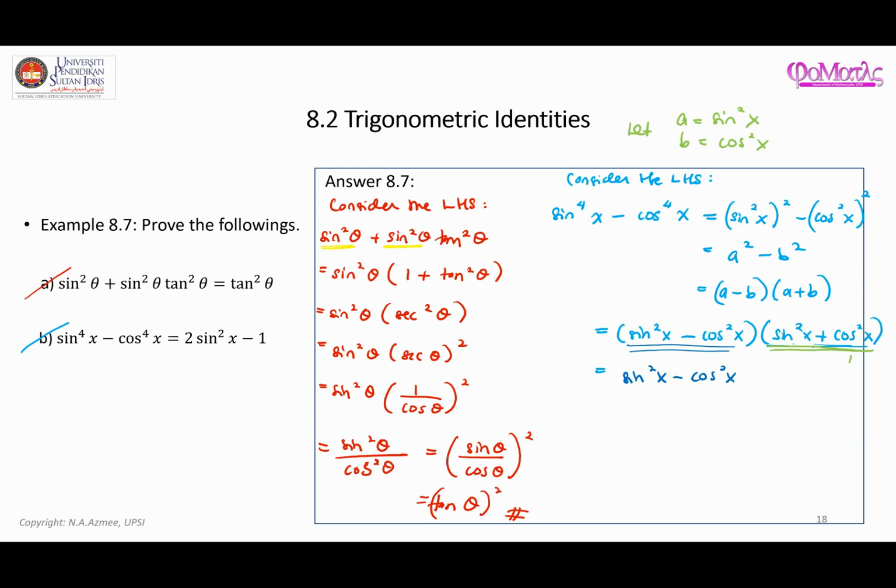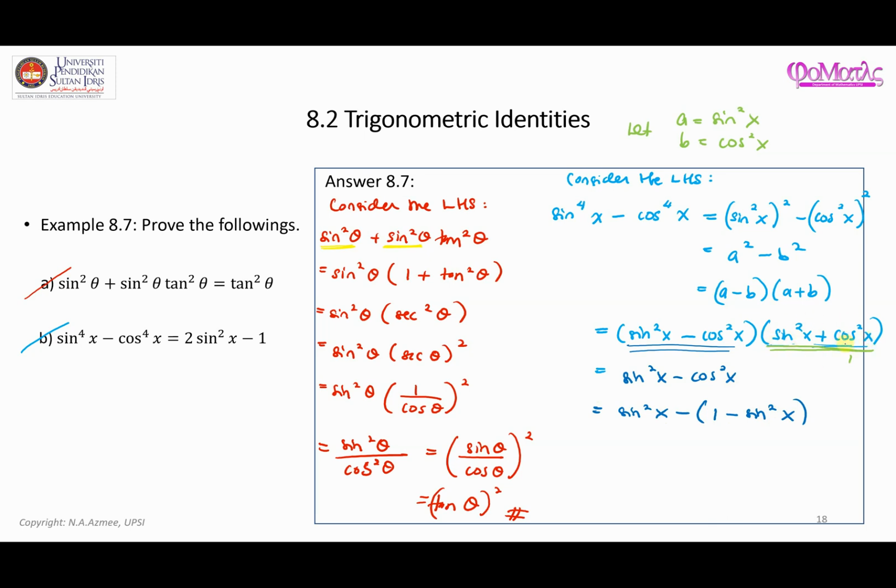We know that on the right hand side, we have only the term of sine squared x. That should give you an idea that cos squared x needs to be eliminated. So how do we eliminate cos squared x? That would be by substituting cos squared x with 1 minus sine squared x.